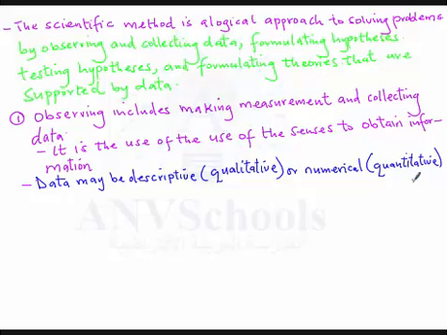When we are looking at these two, quantitative and qualitative, what are we talking about? When we are looking at qualitative, we are looking at things that are descriptive, things that you can describe, like color, maybe taste, and odor and such stuff.